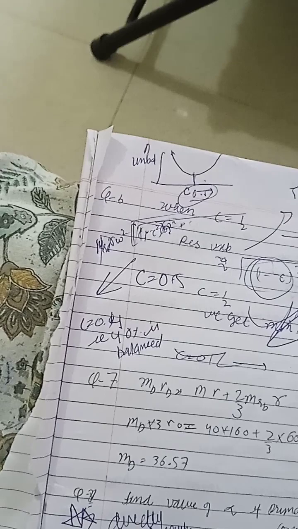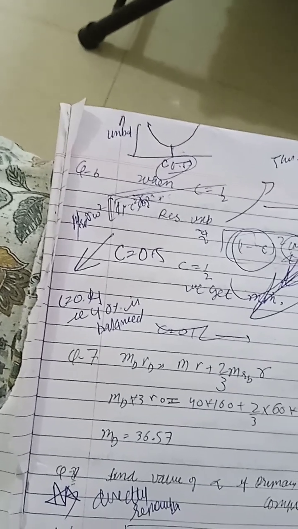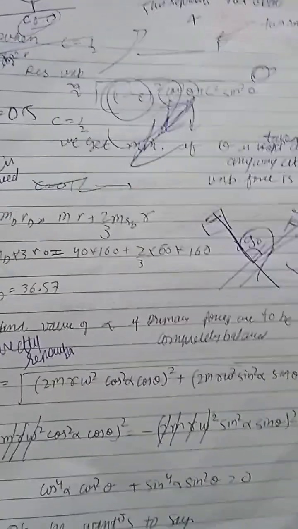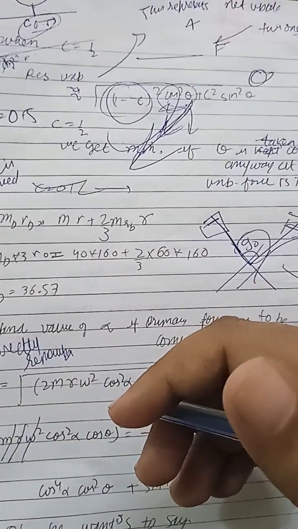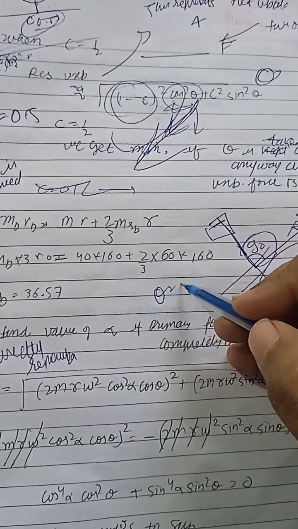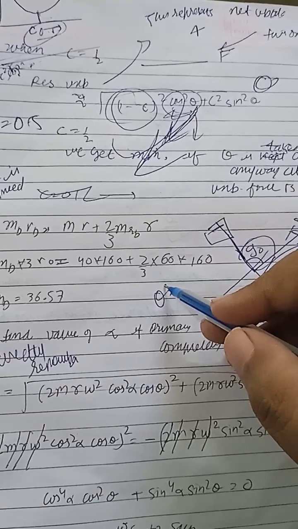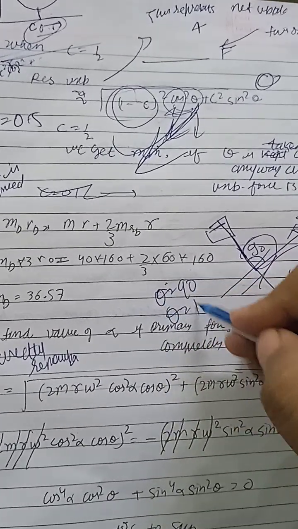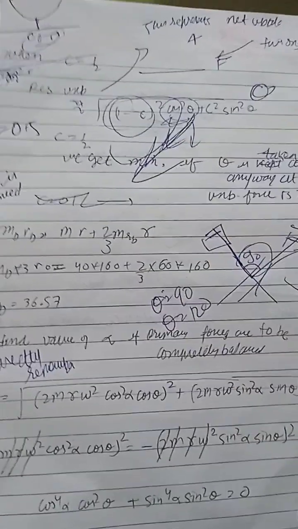And directly remember this, as I told: the primary unbalanced force is completely balanced if the included angle is 90 degree, and if the included angle is 120 degree, then the secondary unbalanced force becomes 0.